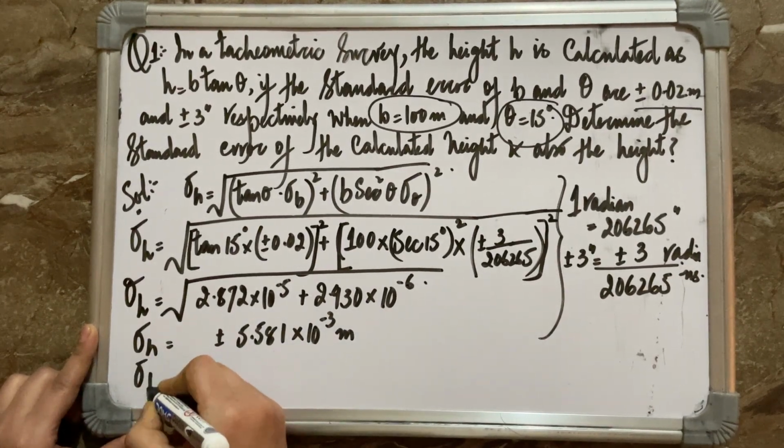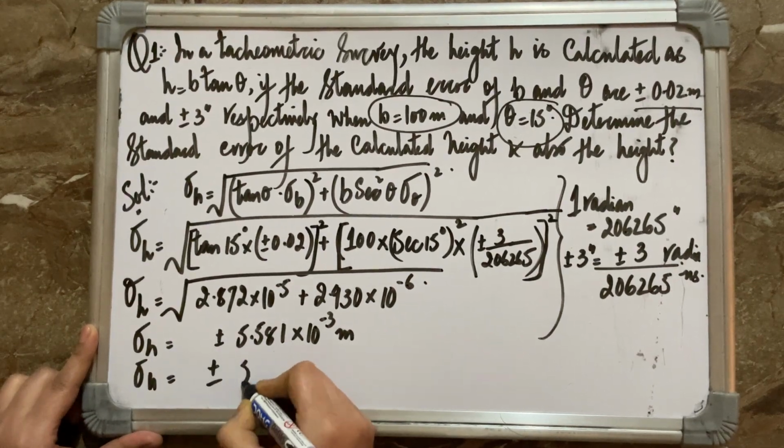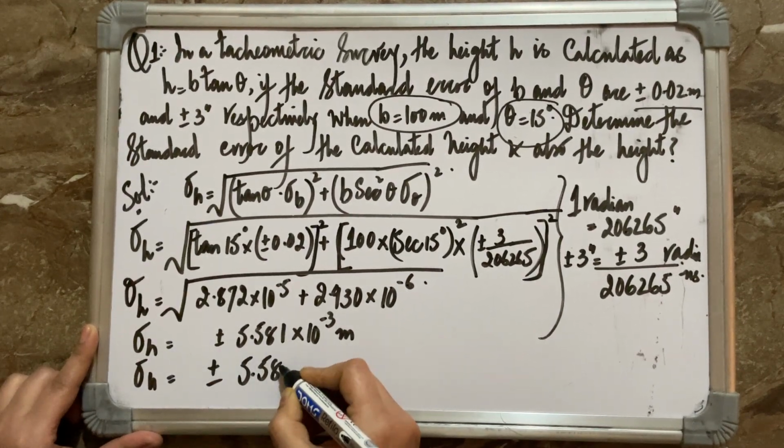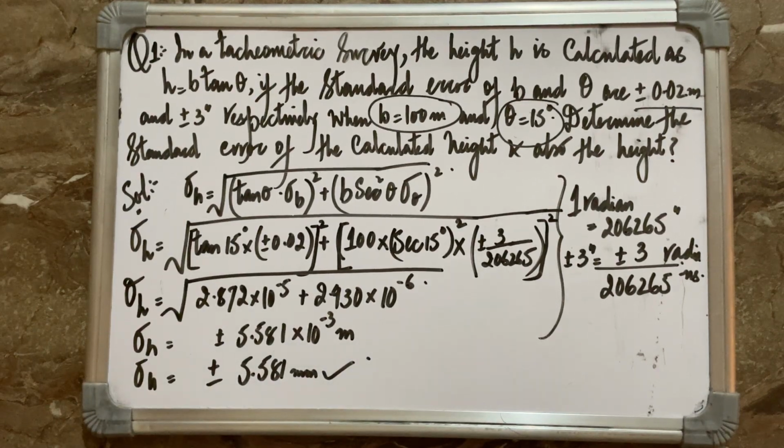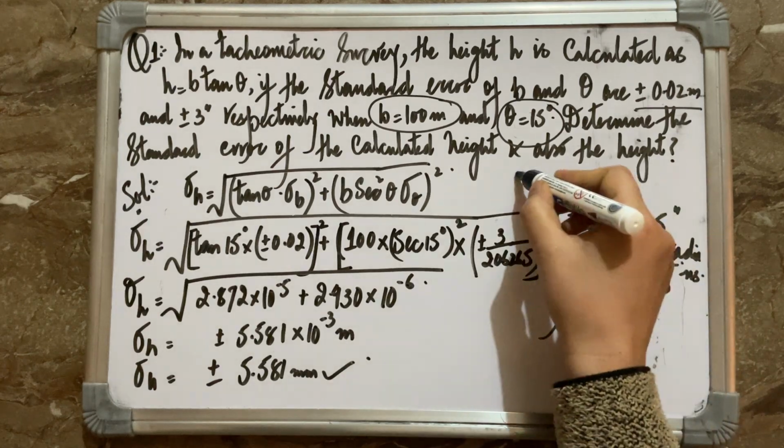That means sigma h is equal to plus minus 5.581 mm. All right, so the standard error of the calculated height is equal to plus minus 5.581 mm.